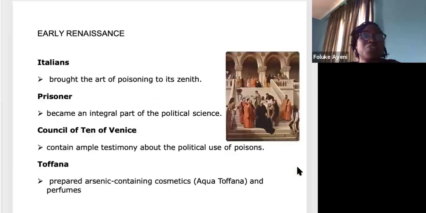So after this period, we went on to have a time when knowledge began to improve. There was a great outbreak of knowledge in this era that we refer to as the Renaissance era. And then people began to modernize the art of poisoning.